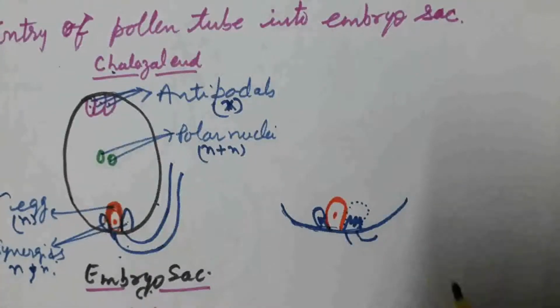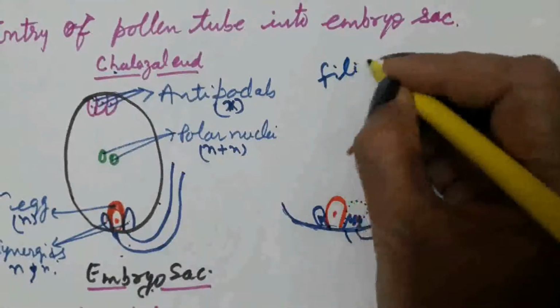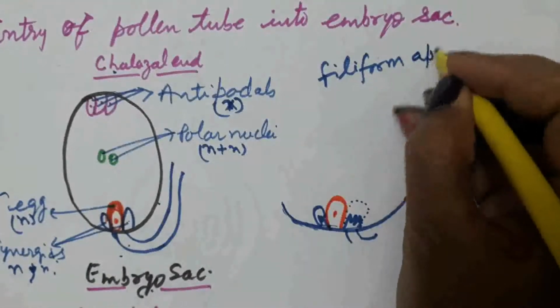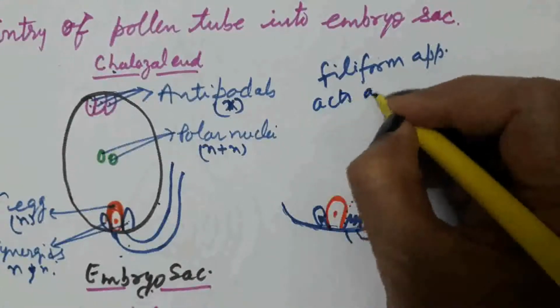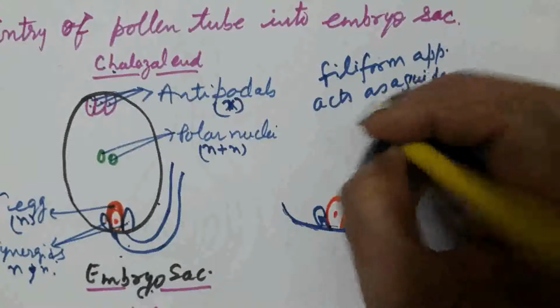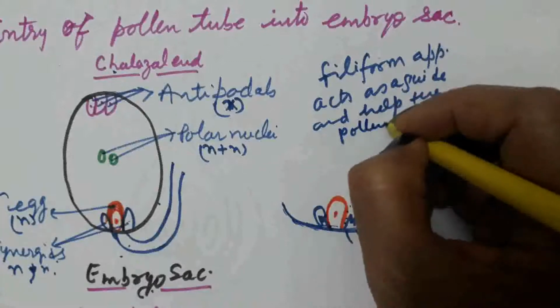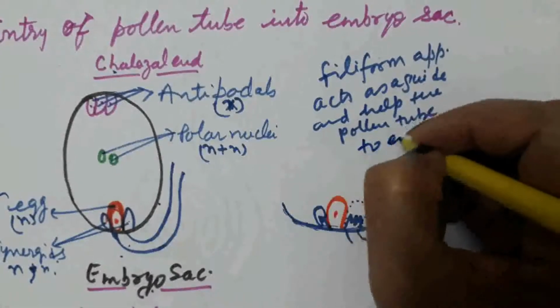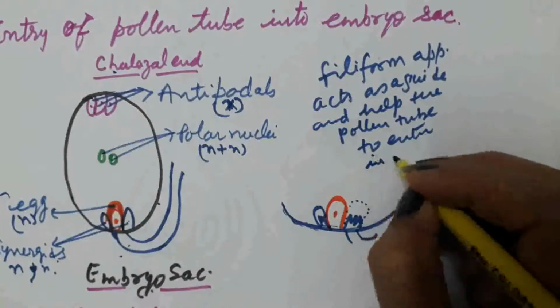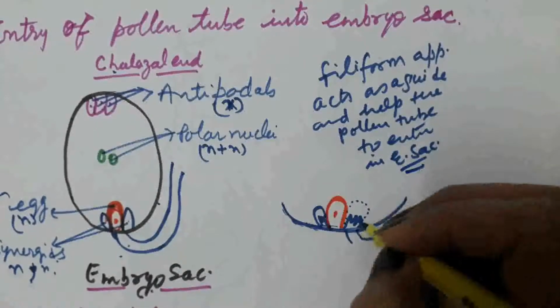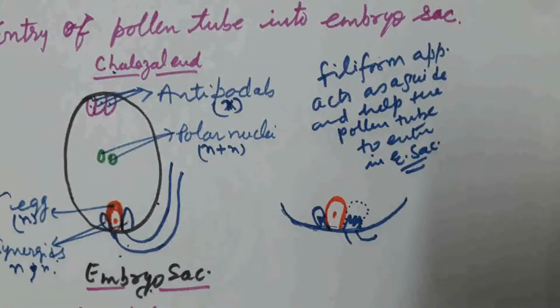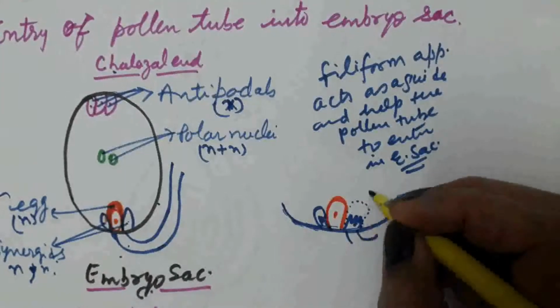Filiform apparatus acts as a guide and helps the pollen tube to enter the embryo sac. The filiform apparatus is present here and the wall of the synergid degenerates. This filiform apparatus of the degenerating synergid guides the pollen tube to enter inside the embryo sac.